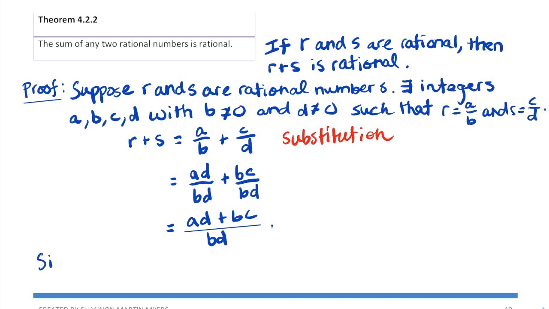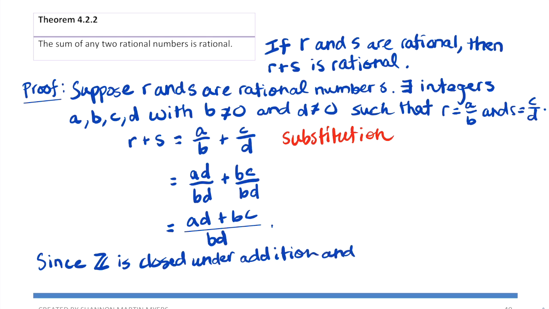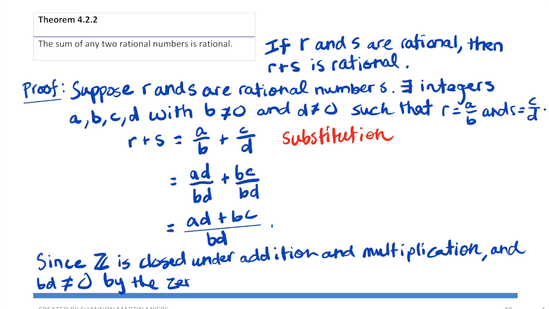Well, since the set of integers is closed under addition and multiplication, and B times D is not equal to 0 by the zero product property, what can we say?